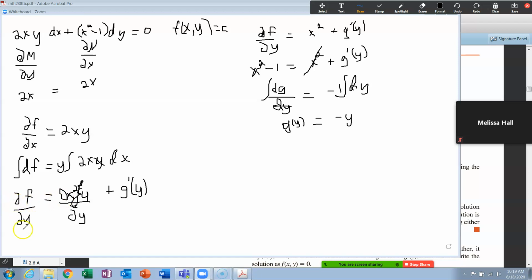Yeah, before I took derivatives, I'm doing too many steps at once. When we had f equal to x squared y plus g of y, before we took the partial derivative, before we did that, go back to this step. So here's our f. That's f of x and y.